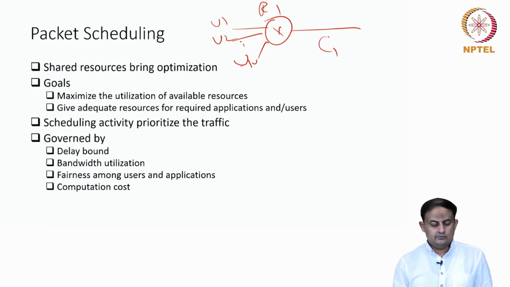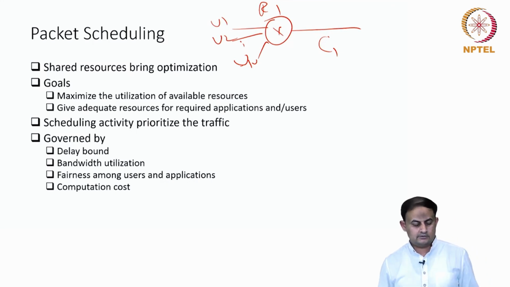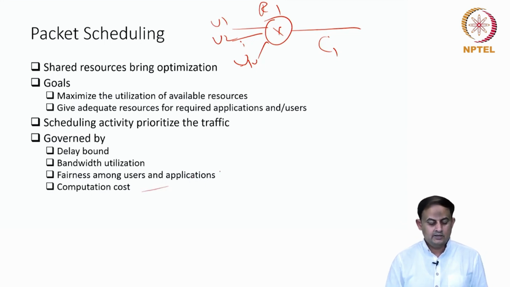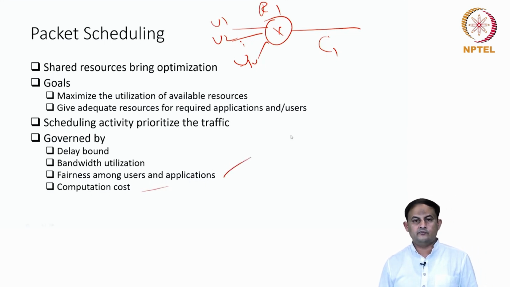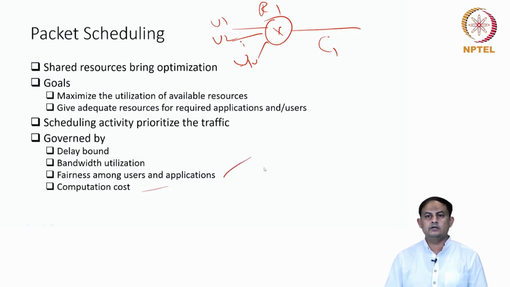This operation, which requires you to alter the order in which the packets are exiting your router, requires you to do some kind of computation, and you want to bring the fairness among the users and the applications.